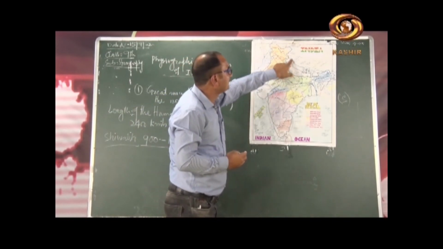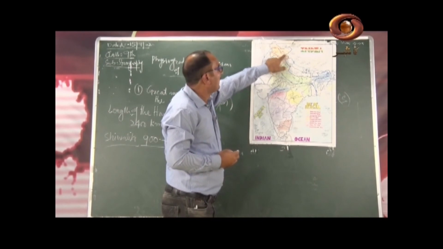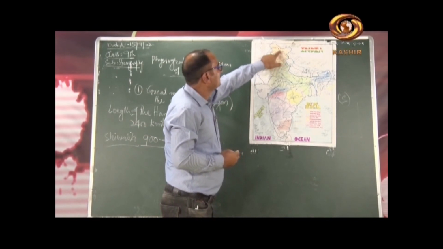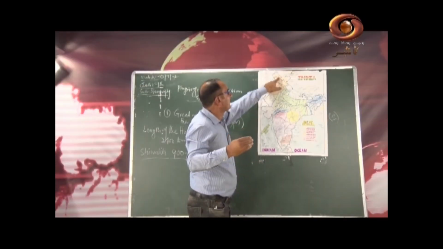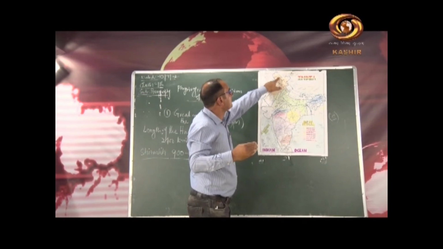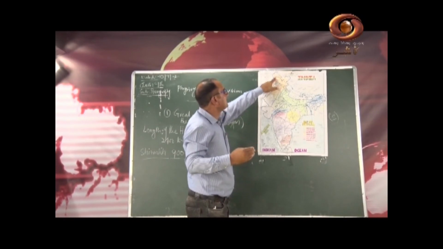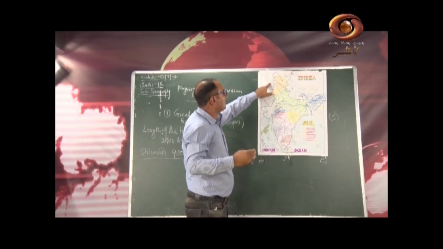It moves toward the west, enters J&K through Ladakh, passes between the Zanskar and Shayok, through Ladakh, and reaches Baltistan, Gilgit, and emerges out near Attock and goes to Pakistan.